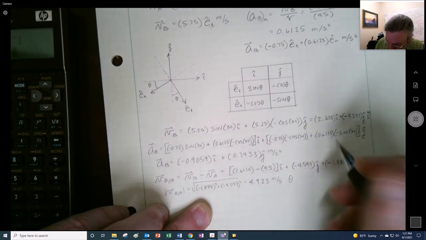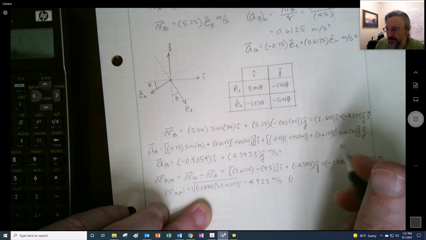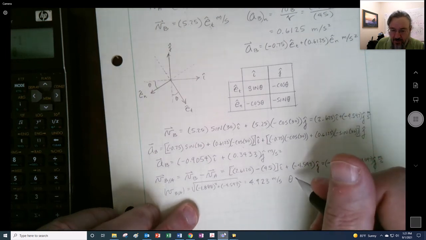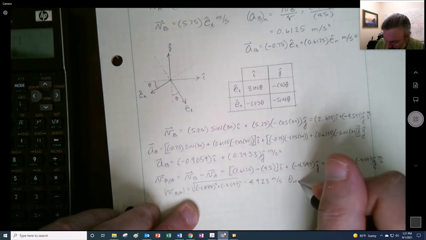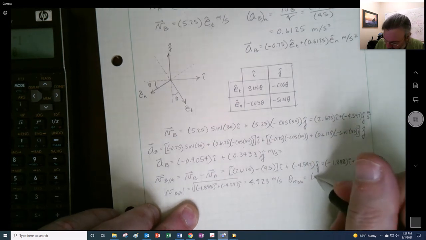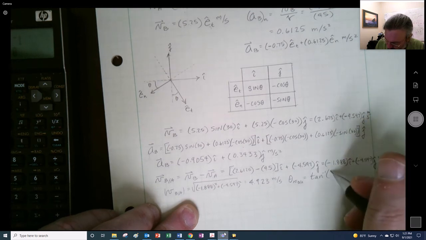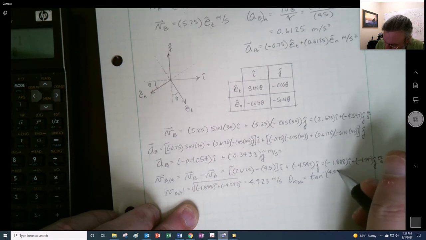And let's look at the angle right here. I never know what kind of subscript I want to put onto it. I could call it B with respect to A, or I could call it VB with respect to A. That's a lot of subscripting. Inverse tan, and we're just going to go rise over run. Don't worry about the negatives, because they'll take care of themselves.